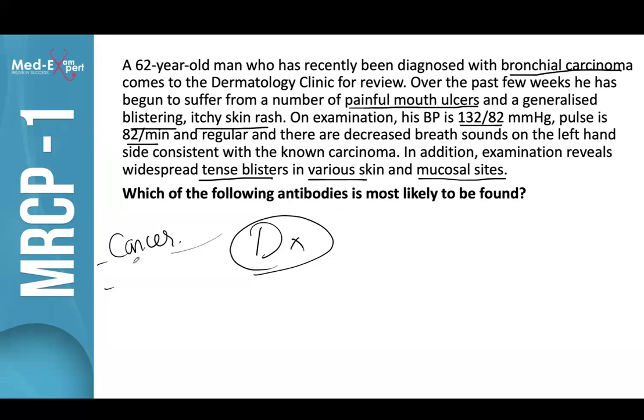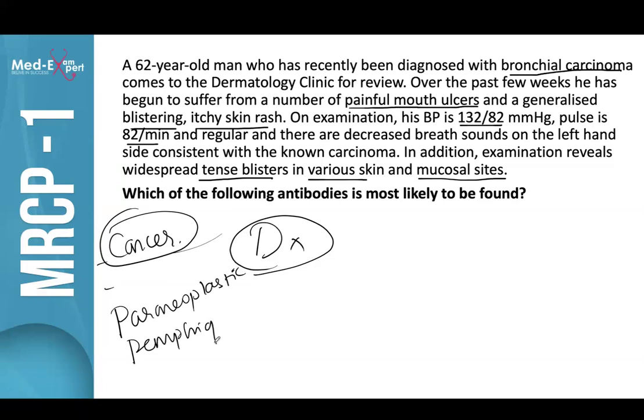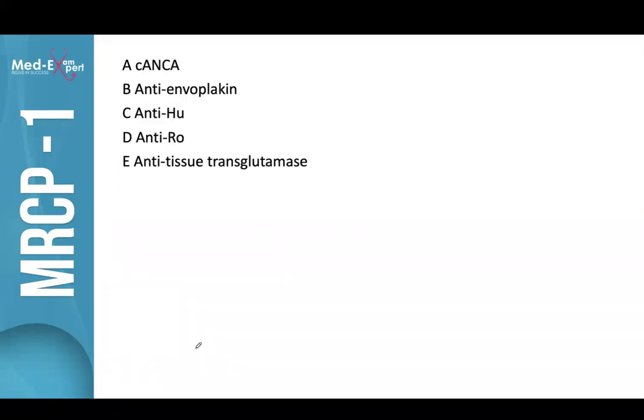In my dermatology core concept lecture, I clearly described the difference between pemphigoid and pemphigus. So what is it? In a patient who has cancer, if pemphigus is present, it is called paraneoplastic pemphigus. All of you convinced? Now they are asking which antibody is associated with this.